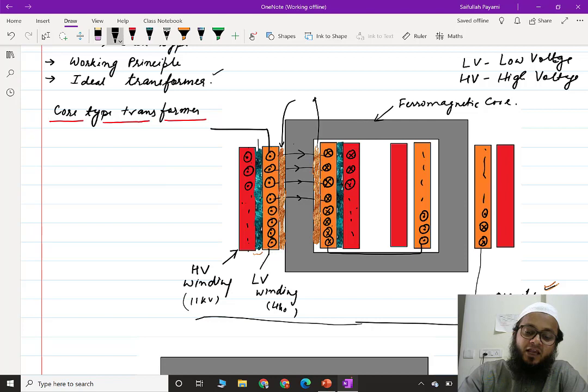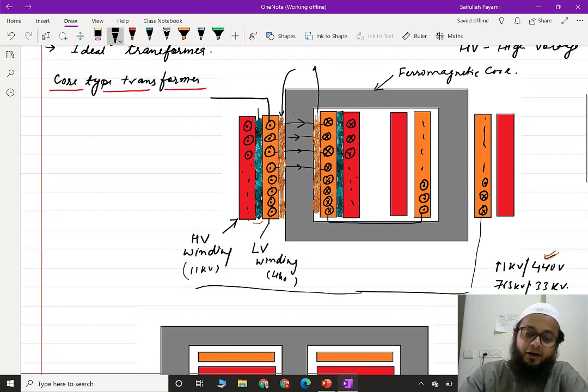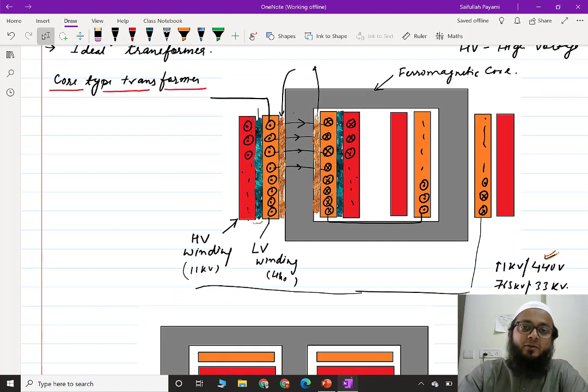Just imagine if I had kept the high voltage winding near the core and the low voltage winding away from the core. Then I would have required almost twice that insulating material, because the potential difference between the core and the high voltage winding would be around 11 kilovolt.